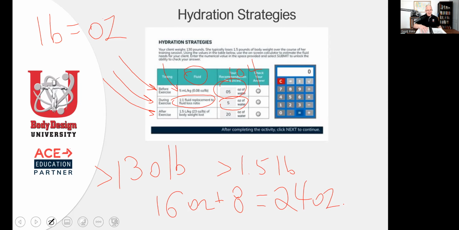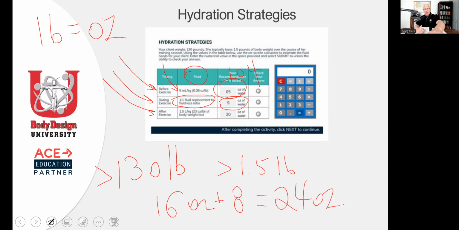So 8 ounces per hour would be a standard replenishment during exercise. In other words, an 8-ounce glass of water throughout the entire workout. If you didn't have her body weight, you would have to assume a relatively light, average individual, 8 ounces. That would be your default.